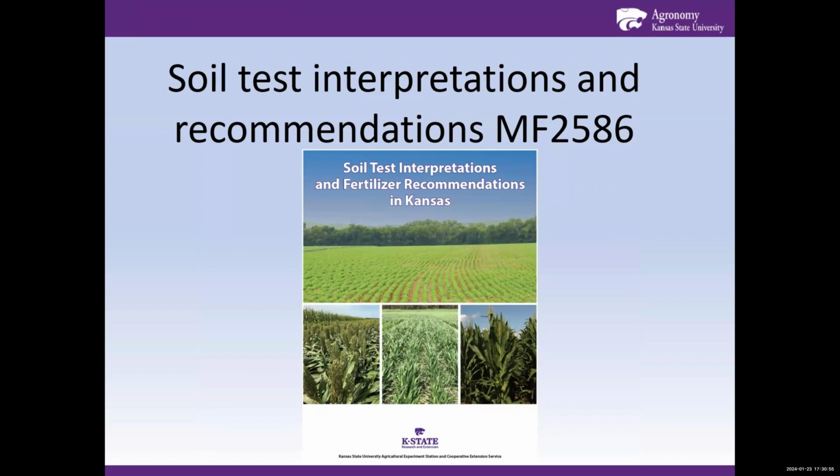Norvell, Lucas, and a bunch of others have worked very hard on getting the soil test interpretations and fertilizer recommendations up to date, with a lot of different changes, and Lucas will be going over that here in a little bit.